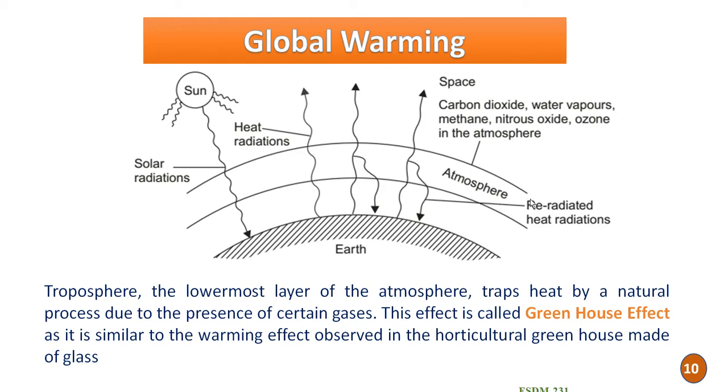But due to the presence of different gases, that is carbon dioxide, water vapor, methane, nitrous oxide, ozone in the atmosphere, the reflected heat radiations get trapped in the troposphere, and re-radiated heat radiations are gathered in the troposphere, leading to the warming effect known as the greenhouse effect, which is just like the horticultural greenhouse made up of glass.